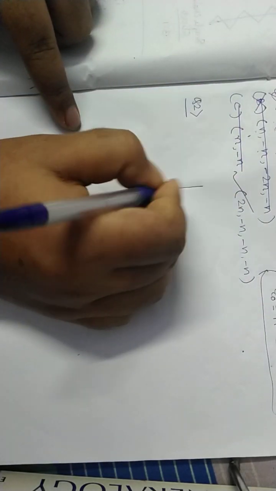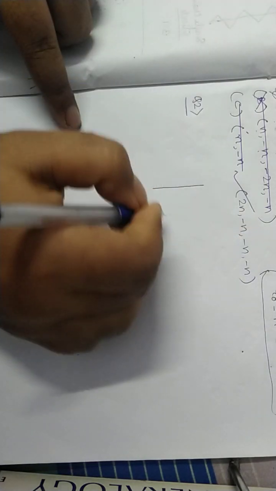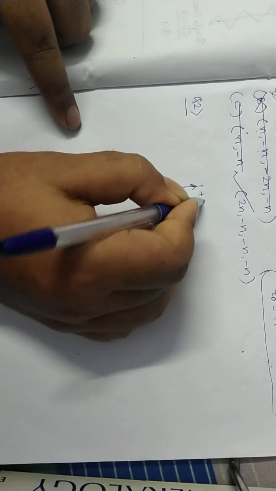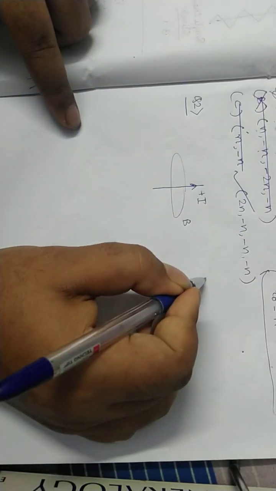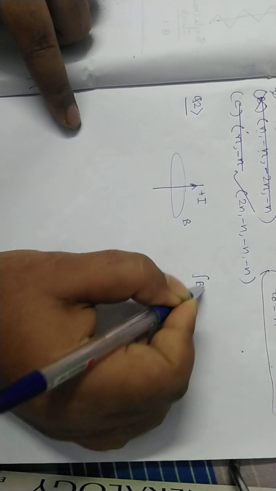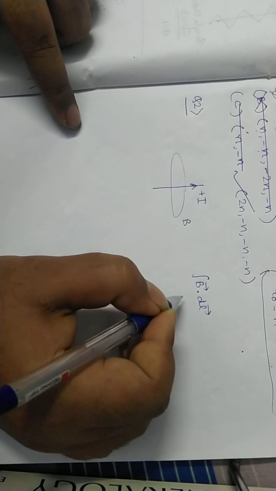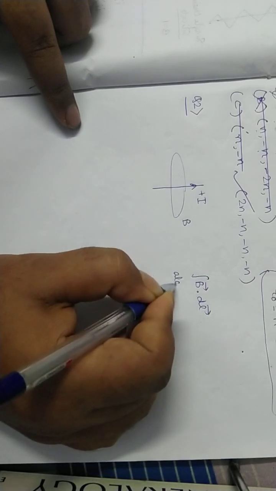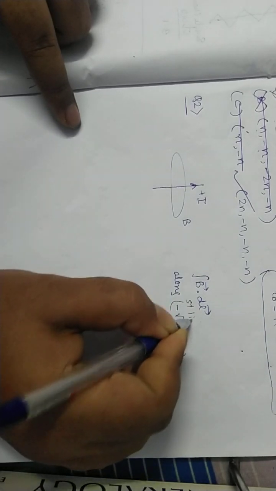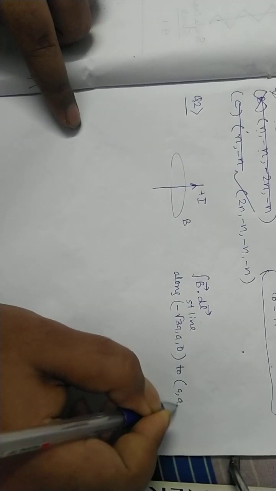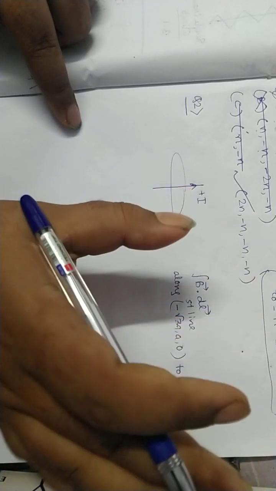It is saying that an infinitely long wire located on the z-axis, first I'm drawing it, such that this is the z-axis, carries a current I along plus z direction and produces a magnetic field B. The magnitude of the line integral, so we are required to calculate B dot dl along the straight line from minus root 3a to a, 0. This is whatever is required.